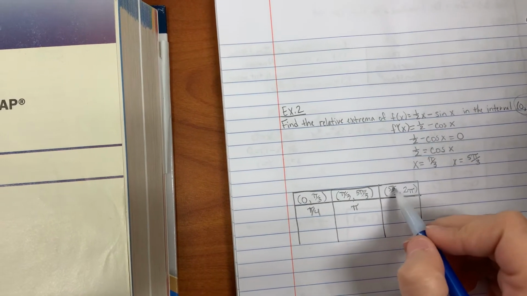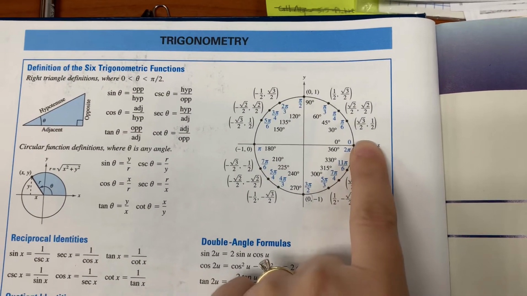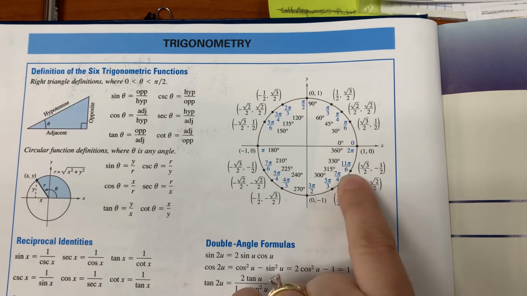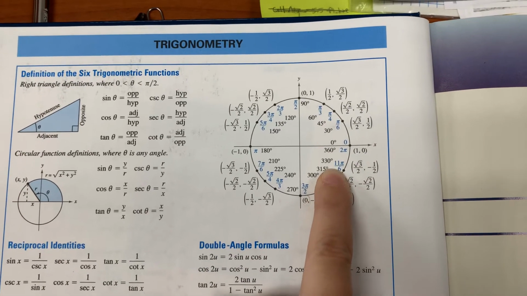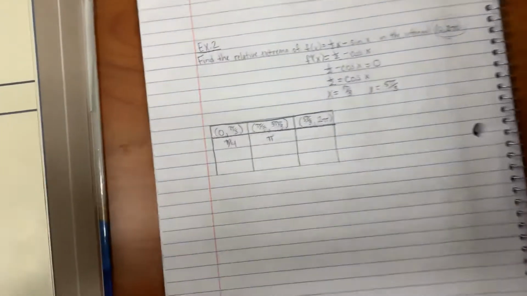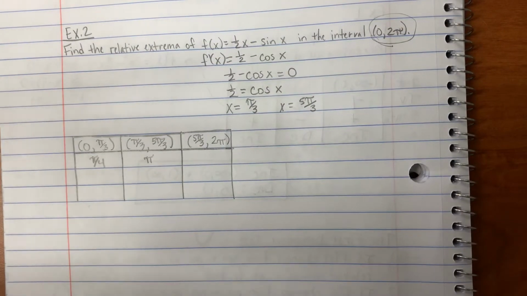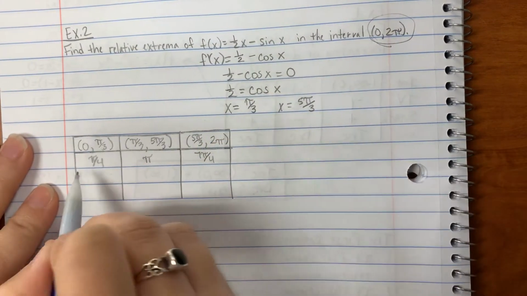And then between 5 pi over 3 and 2 pi, in this section right here, I'm going to go with 7 pi over 4, because 11 pi over 6 seems like a lot of big numbers. So 7 pi over 4, not really big numbers, but you know what I mean. All right, so I'm going to go with 7 pi over 4.